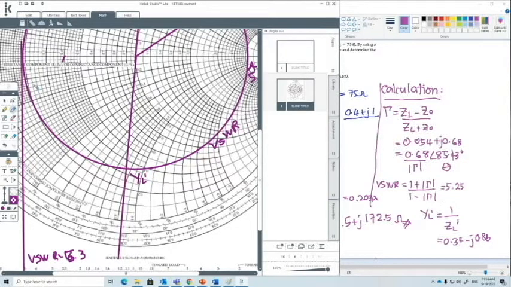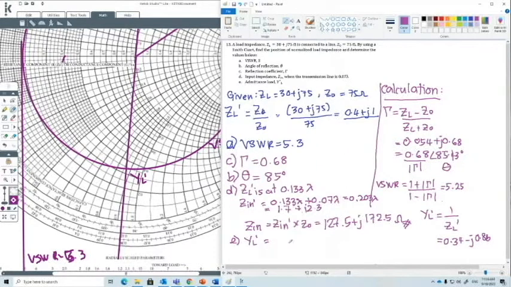So this is 0.3, line dia is here. This one adalah 0.4. So 0.3, 0.35. So 0.34. So I got here 0.34. Since dia berada di bahagian bawah, so it's a minus J.